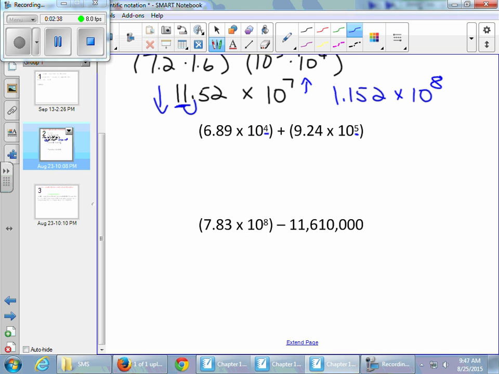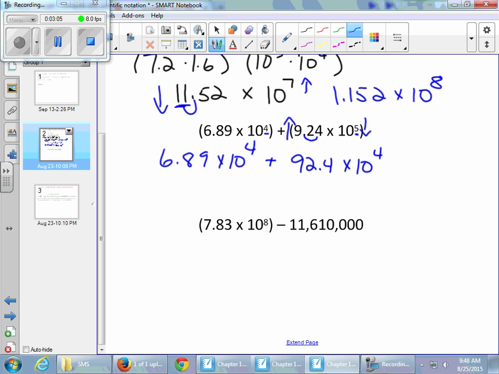Okay, so our first one, 6.89 times 10 to the fourth, that all stays the same. Now this one, we're going to make this a 4, so this number is going to go down. So that means this number goes up. When this number goes up, we move the decimal to the right. So now this becomes 92.5 times 10 to the fourth power. And now here's all we need to do.